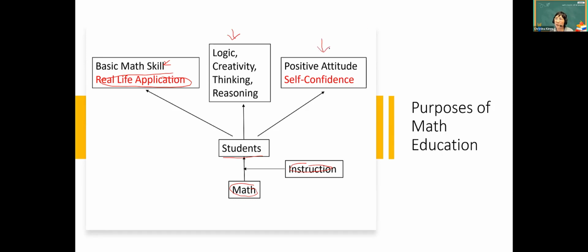And the other part is confidence and positive attitude. So math is no longer just a number game or the calculation of numbers. It's not the math anymore. The ultimate goal of Common Core math is effective problem solving. As you get to higher functioning, a higher level of math, you solve the problem efficiently, faster, quick. That's what it is.